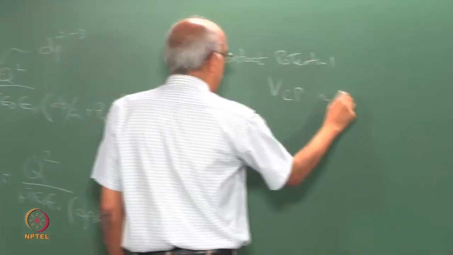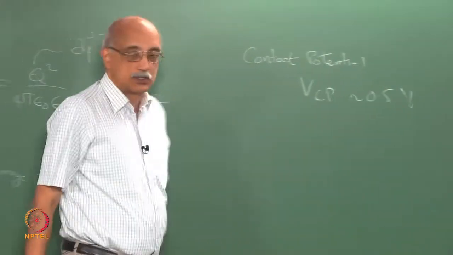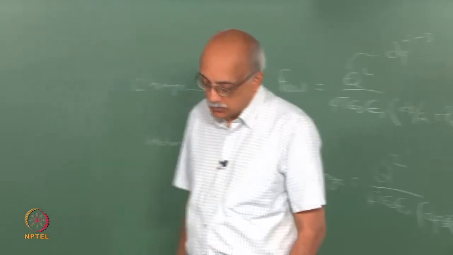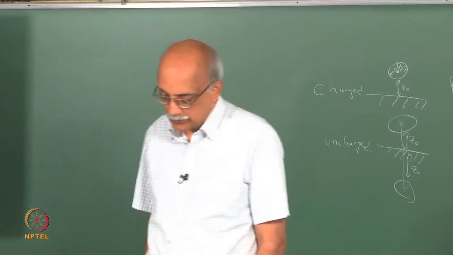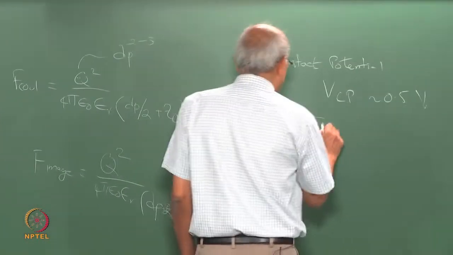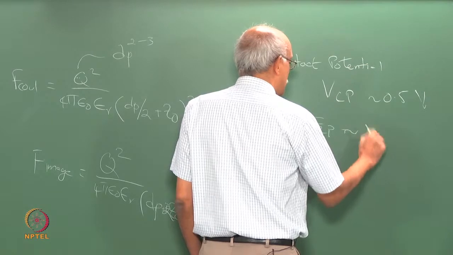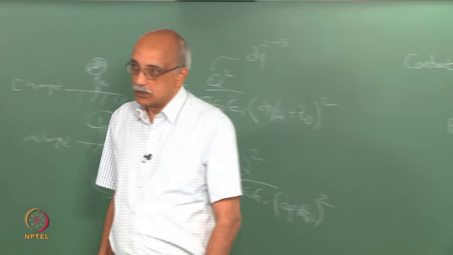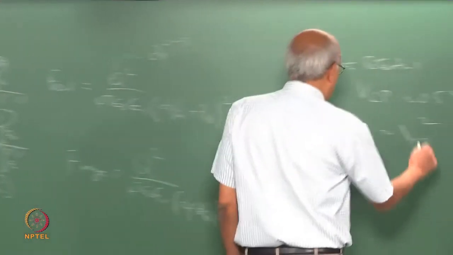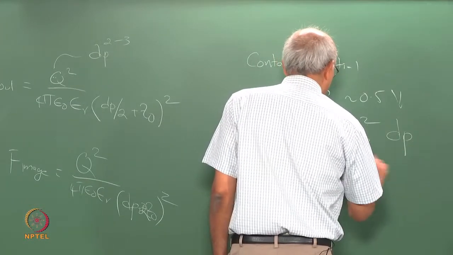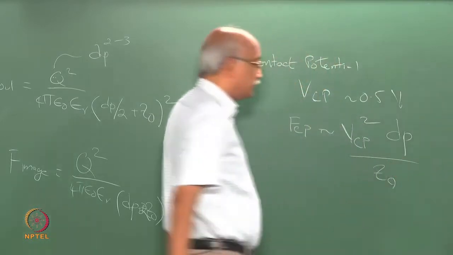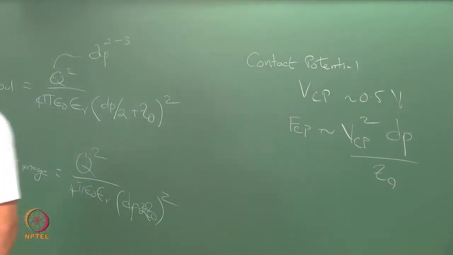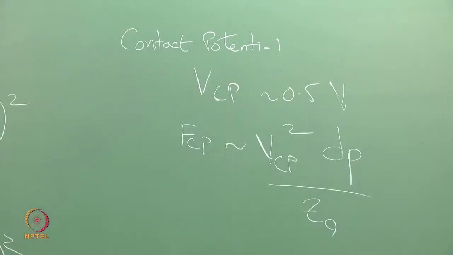Vcp can be of the order of about 0.5 volts actually. So, it is fairly substantial, and this contact potential results again in a force field F contact potential, which goes roughly as this contact potential squared times dp divided by z0, where dp is now the size of the particle and z0 is the distance of separation between the two particles.